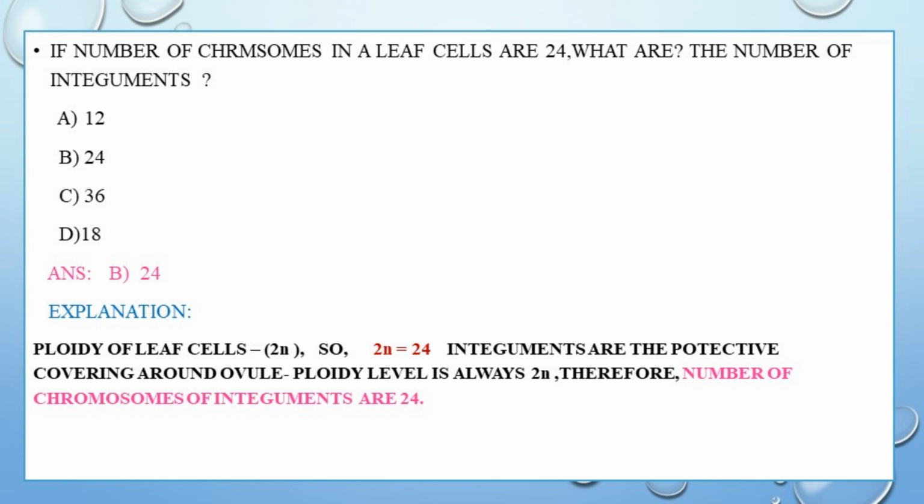And here you have to recollect that integuments are the protective covering around the ovule, and their ploidy level is always 2n condition. So since it is given 2n condition of the leaf is 24, number of chromosomes of the integuments are also 24. So that will be the same. So the answer will be B. Choice will be B.